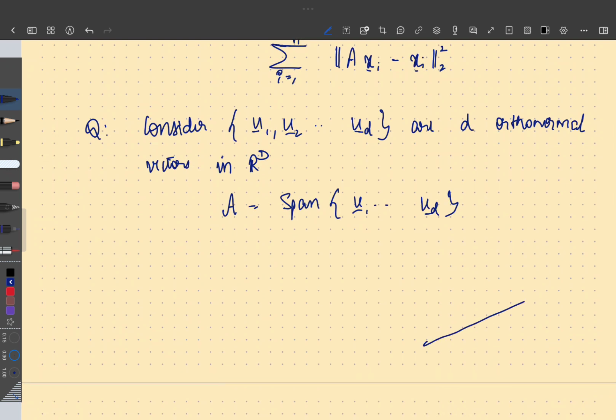So geometrically, let's suppose that you have some particular subspace. The subspace is the span of u1 through ud. Correct. But then can you give me an explicit form of the projection matrix in terms of the vectors u1, u2, u3 up to ud? So firstly, geometrically, what is the orthogonal projection of any vector down to a subspace?